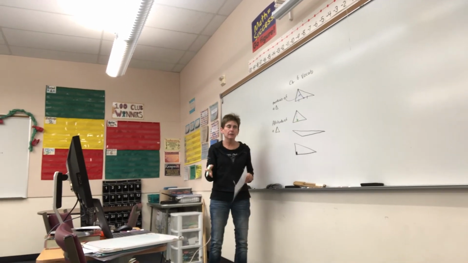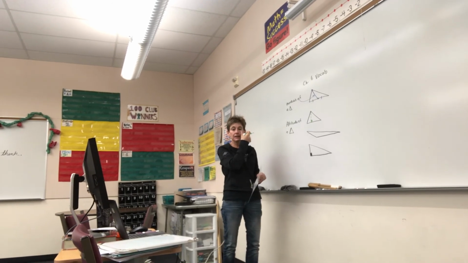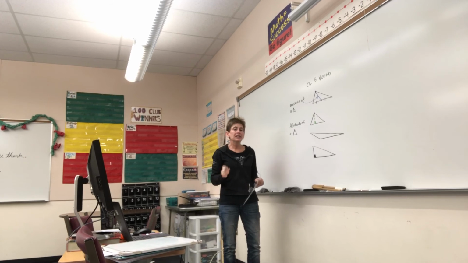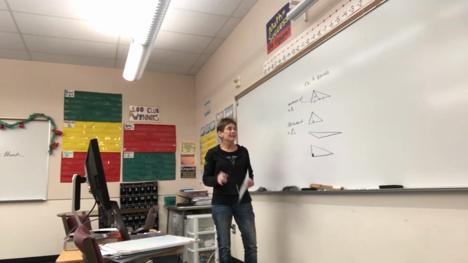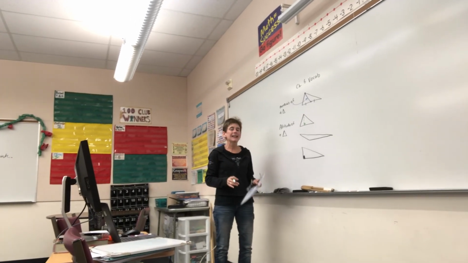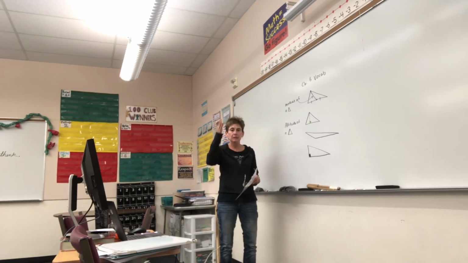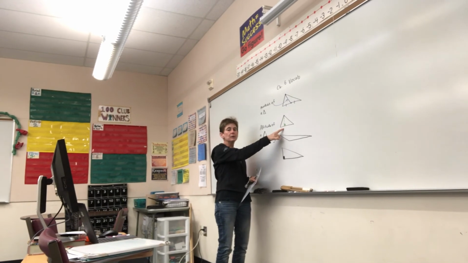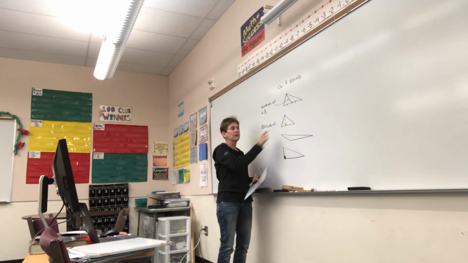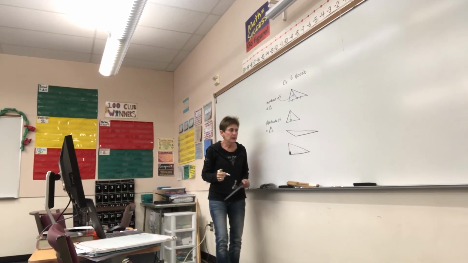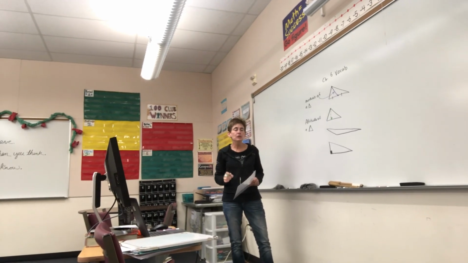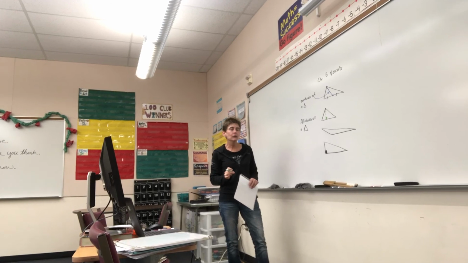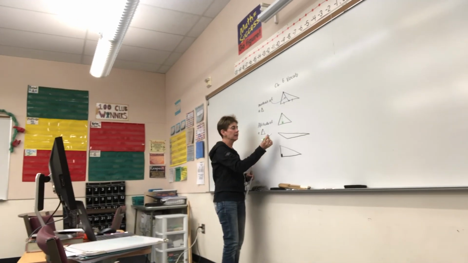So straight down. And I like to give the example of a pilot flying an airplane above the earth. When he says, "Good afternoon, ladies and gentlemen, we are flying at an altitude of 20,000 feet," he means straight down to the ground. So this would be what we would typically see as an example of an altitude. However, if you're working with an obtuse triangle, at least one of your altitudes is going to be outside of the triangle.